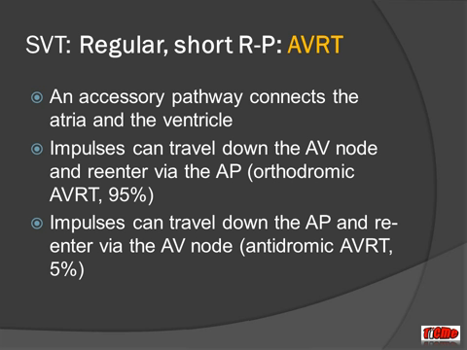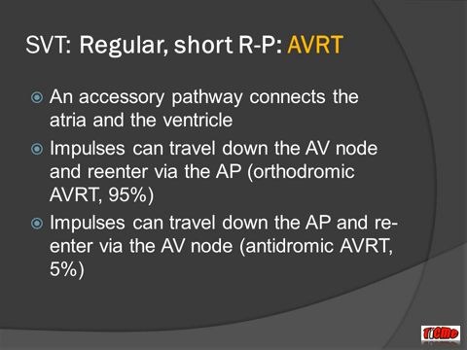And in this situation, an accessory pathway connects the atria to the ventricle. Impulses can travel down the AV node but re-enter via the accessory pathway. When this happens, it's normal direction and it's called orthodromic AVRT. Most people with an accessory pathway can only conduct up from ventricle to atria, and when they get a tachycardia they get orthodromic AVRT.